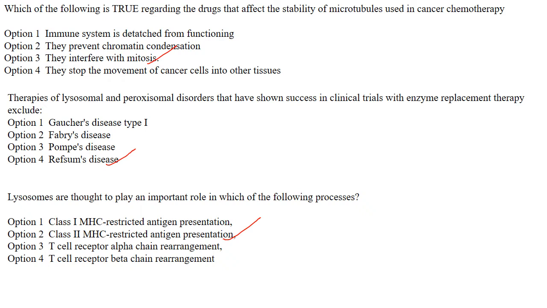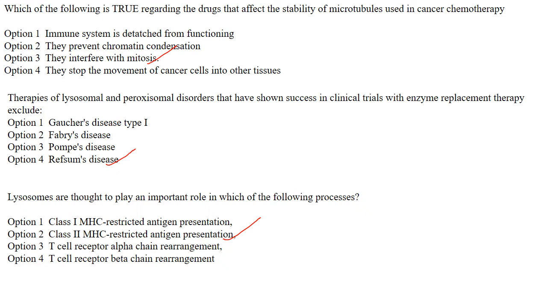Therapies of lysosomal and peroxisomal disorders that have shown success in clinical trials with enzyme replacement therapy exclude Refsum's disease. Refsum disease is a peroxisomal disorder caused by the impaired alpha oxidation of branched chain fatty acid, resulting in buildup of phytanic acid and a derivative in the plasma and tissues.